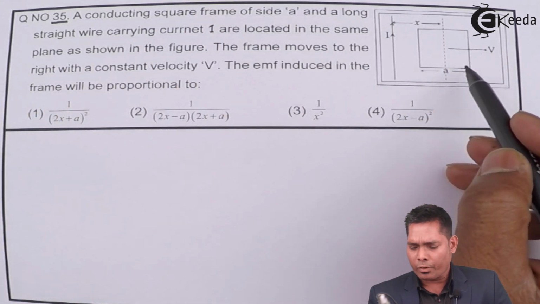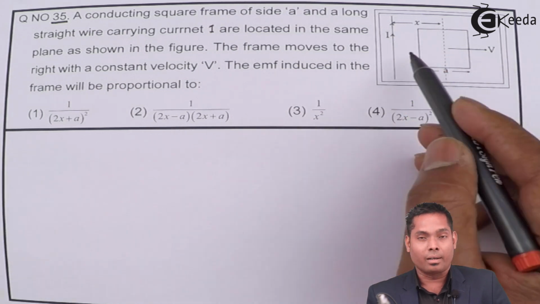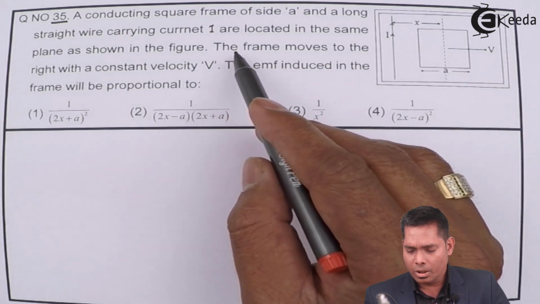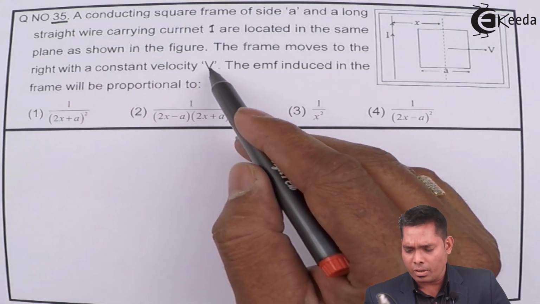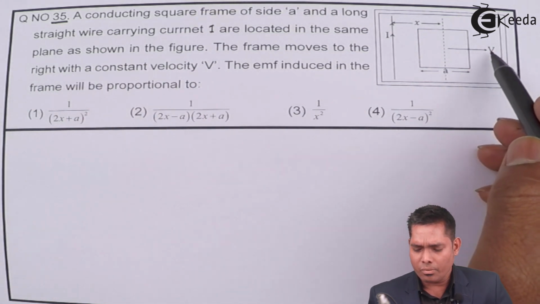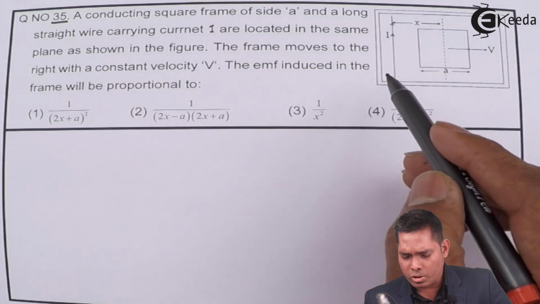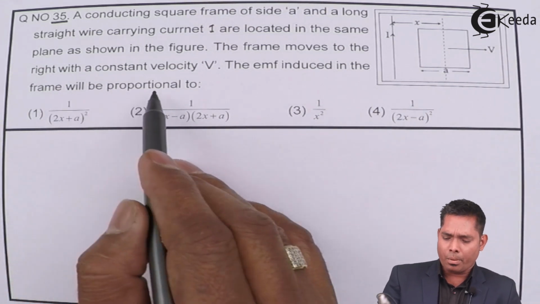So this frame and this wire are lying in the same plane. The frame moves to the right with a constant velocity v. The EMF induced in the frame will be proportional to.